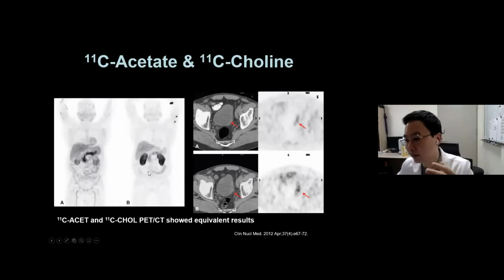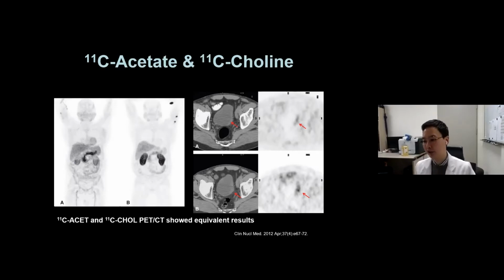So they suggested that choline or acetate PET can be used for detecting bladder cancer, and they did a comparative study showing results with better sensitivity and specificity compared to FDG PET or CT imaging for detecting intravesical bladder tumor.